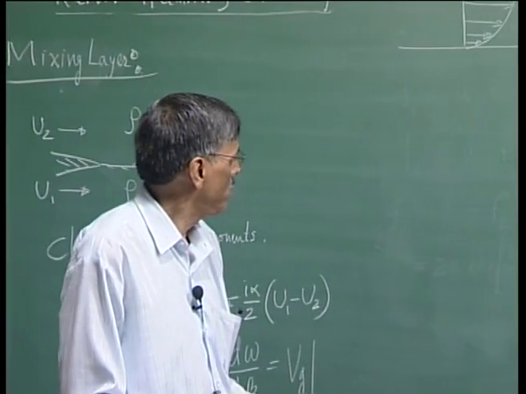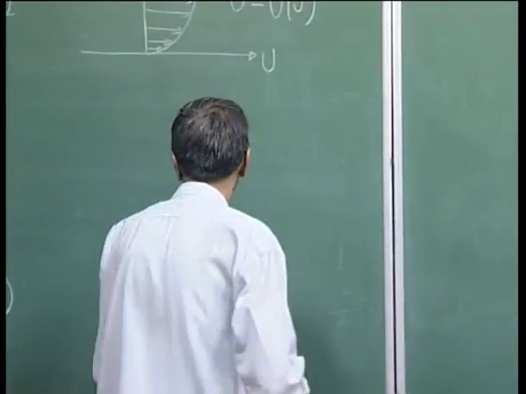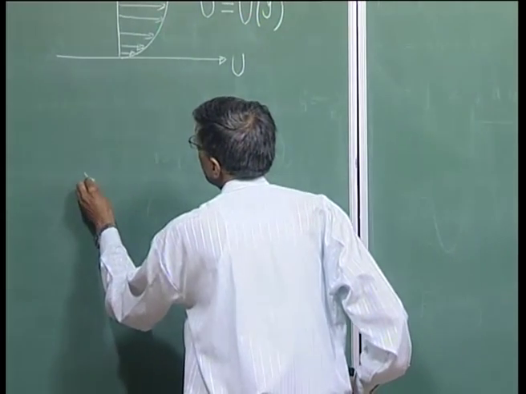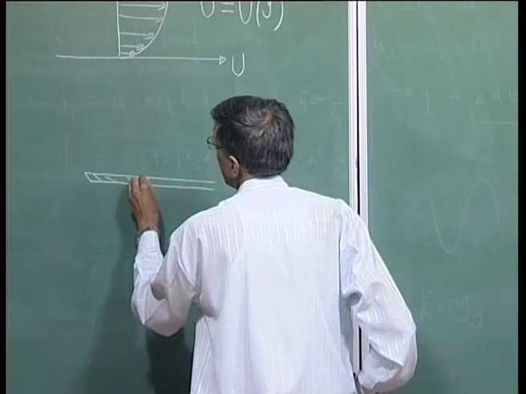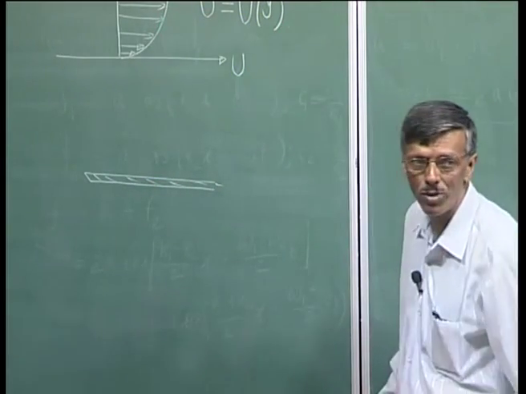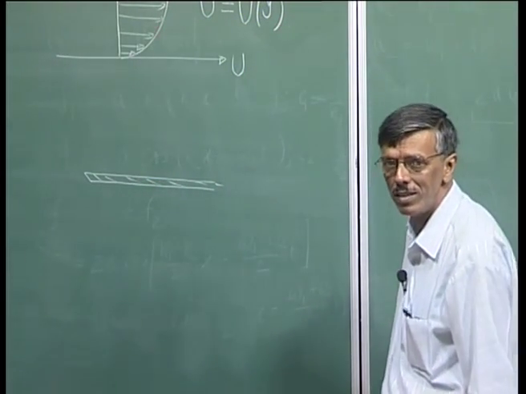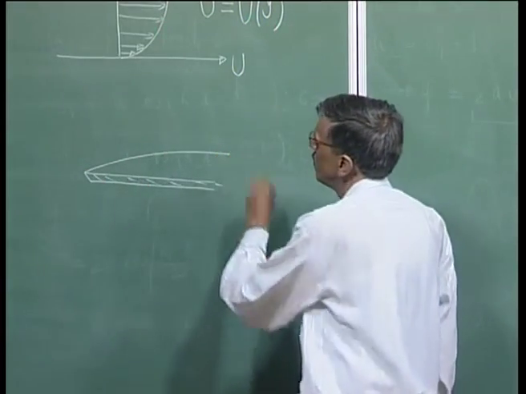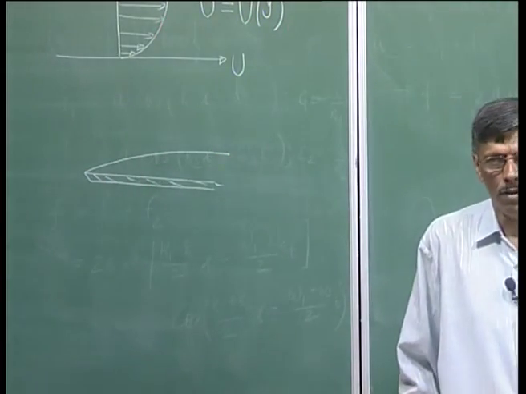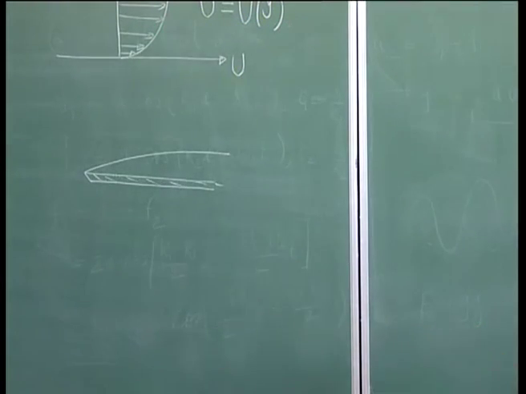For a flat plate, if this is a flat plate with a sharp leading edge, then we are going to find that the boundary layer would form, which will have a configuration like this.